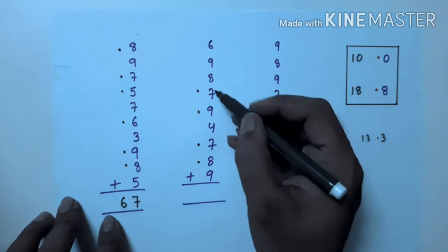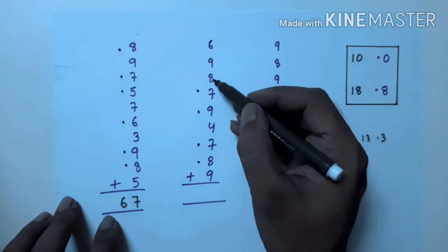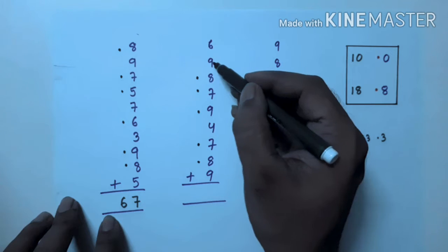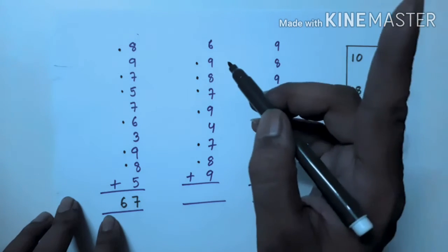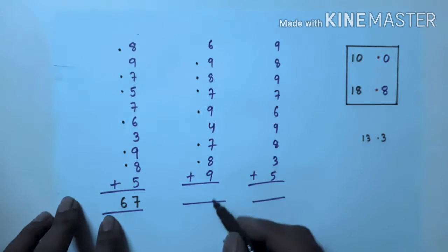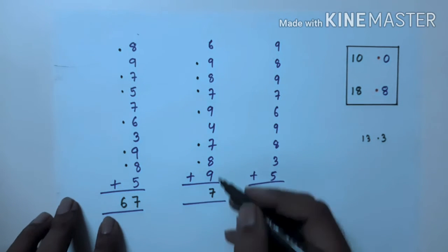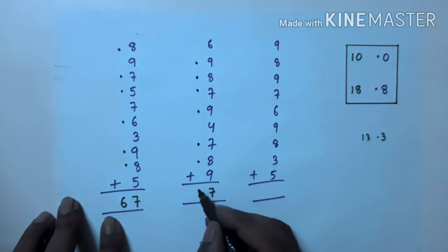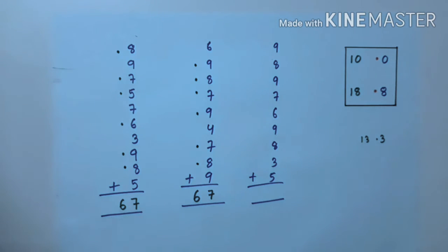Dot 4 in the mind. 4 plus 8, 12. Dot 2 in the mind. 2 plus 9, 11. Dot 1 in the mind. 1 plus 6, 7. Next, how many dots? 1, 2, 3, 4, 5, 6. So here we get 6.